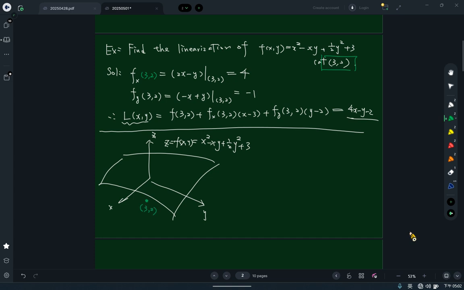We have the corresponding point here, that will be (3, 2). Then you can just use (3, 2) to get its height. That will be 3 squared minus 3 times 2 plus 1/2 times 2 squared plus 3. So that will be 9 minus 6 plus 2 plus 3.